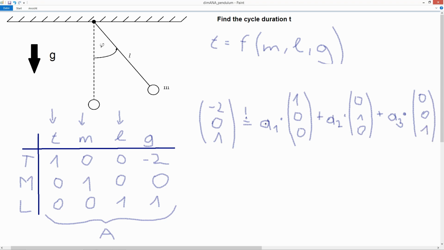We want to find the values A1, A2, and A3. It is easy to see that A1 has to be -2, A2 has to be 0, and A3 is equal to 1.